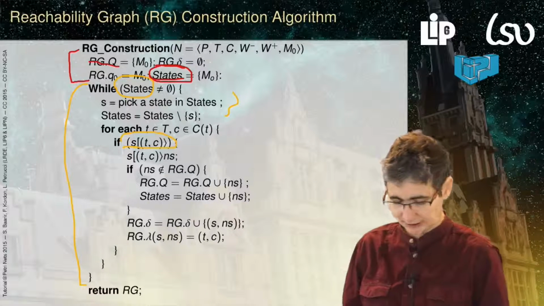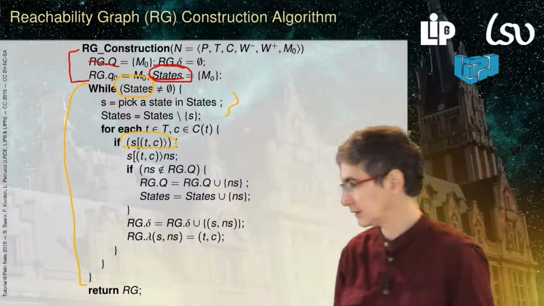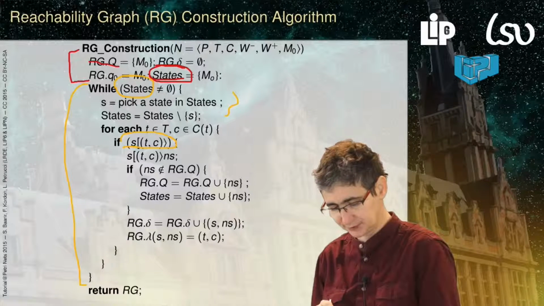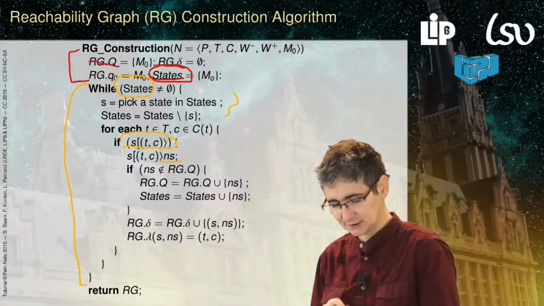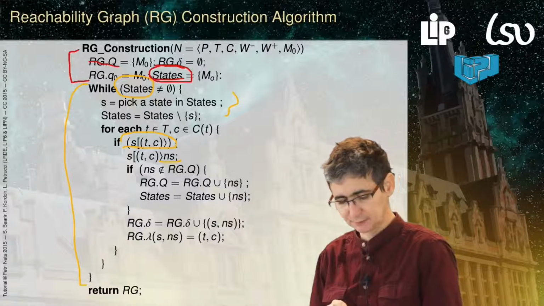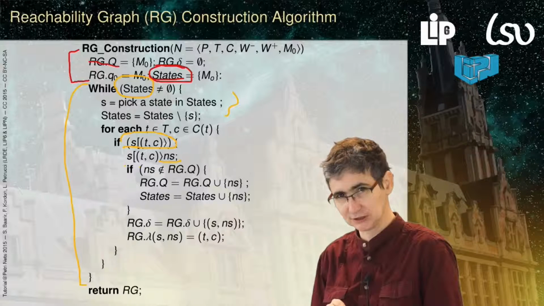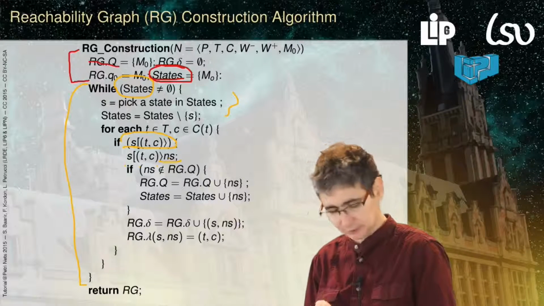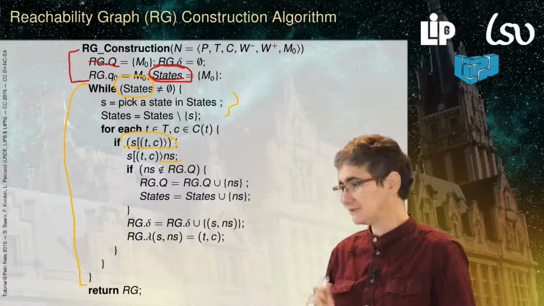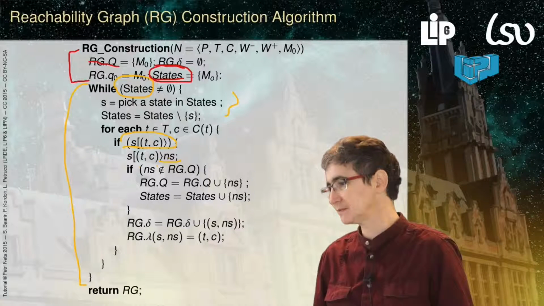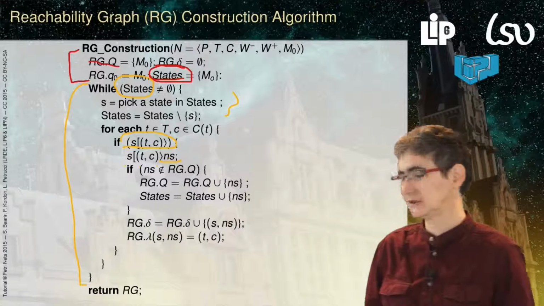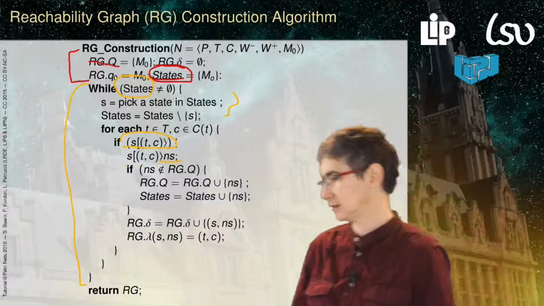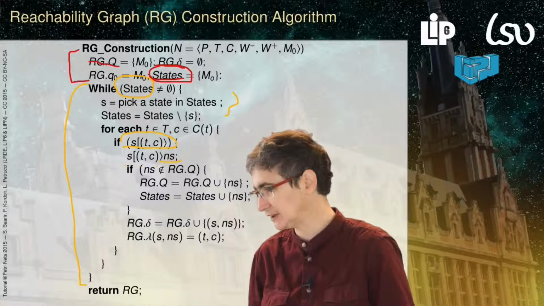I will construct the state that is obtained by the firing, which is written here. So from S by transition T with color C, I get NS, the new state. If this new state that is computed belongs already to the reachability graph, you don't have to add it because it's already there.